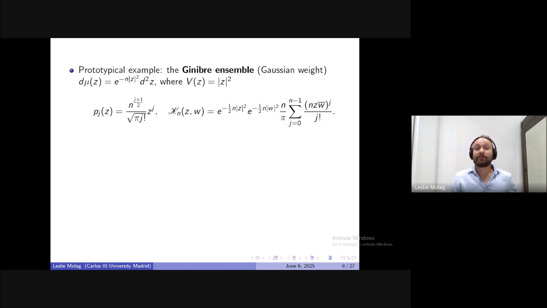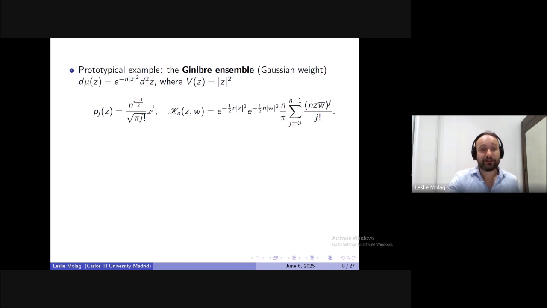And as I already mentioned before, if you have a rotationally symmetric model, then the planar orthogonal polynomials are just monomials with some leading coefficient. And for the Ginibre ensemble, you can determine these explicitly. So these are the coefficients you find. And that means that the corresponding function K_n, the kernel, takes this form here. So it's very explicit in this case.